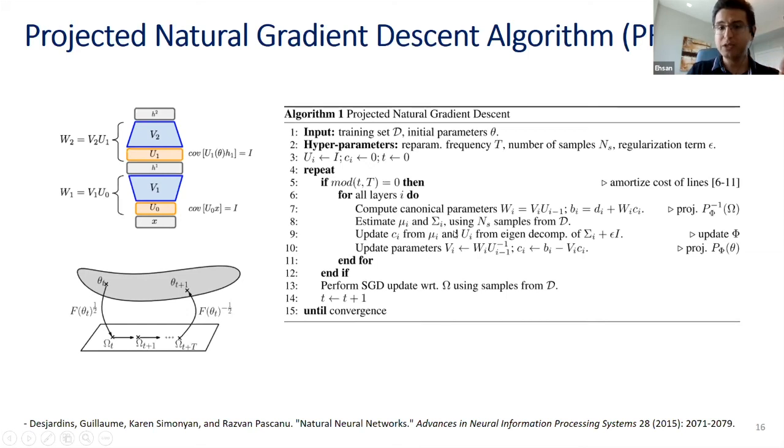Using that covariance, we can easily estimate the whitening matrix by eigen decomposition over the covariance matrix. Then we project back to the whitened space. This projection goes from the canonical parameter space to the whitened space.